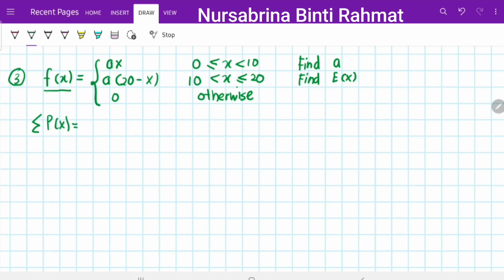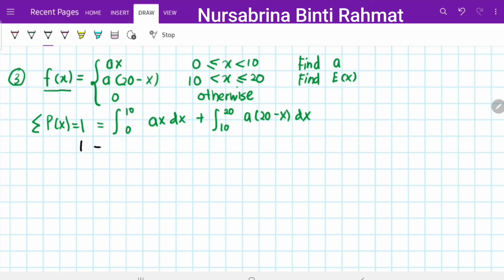So that is the integral from 0 to 10 of ax dx plus the integral from 10 to 20 of a(20 minus x) dx. By integrating this whole thing, the sum of the probabilities equals 1. From this, you can find out what a is.